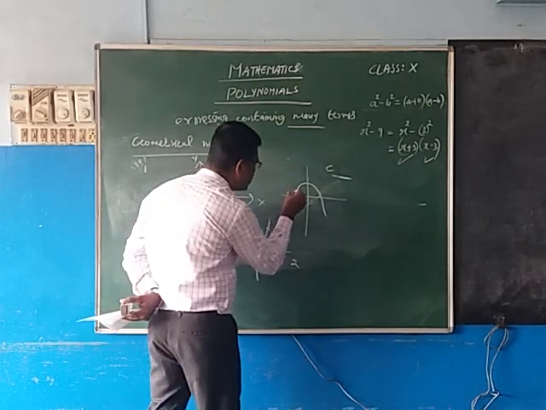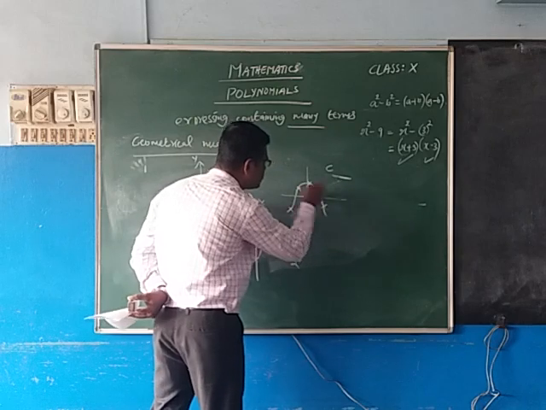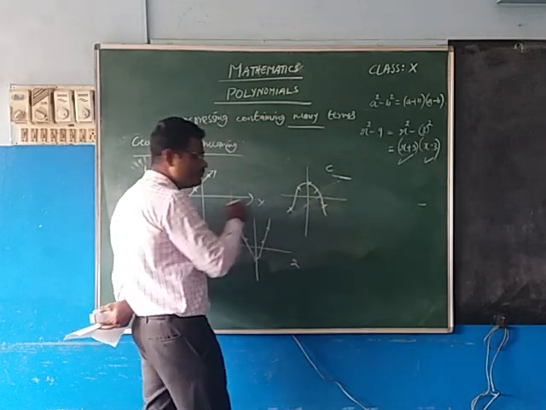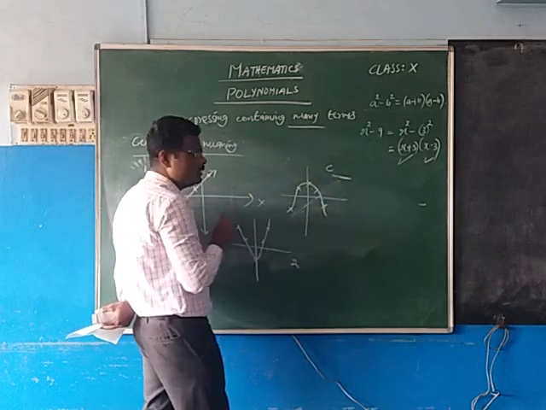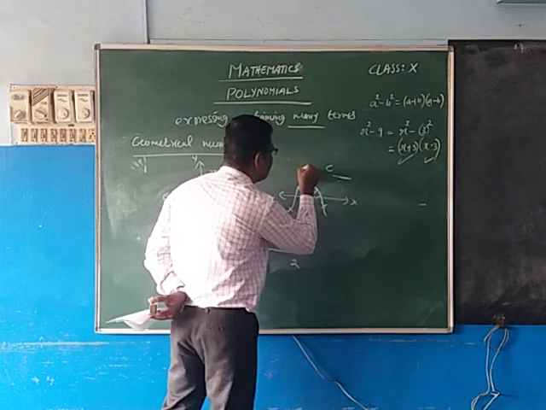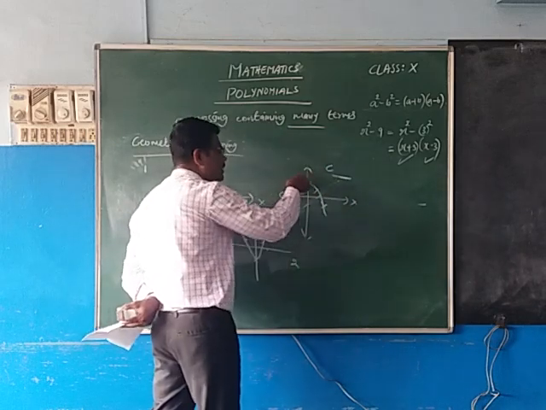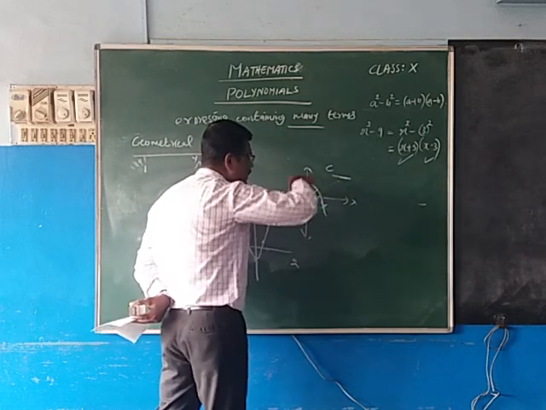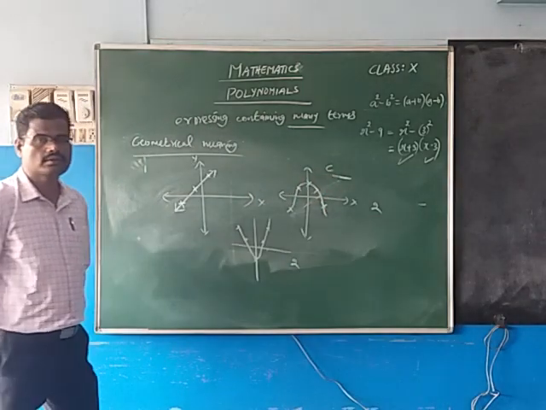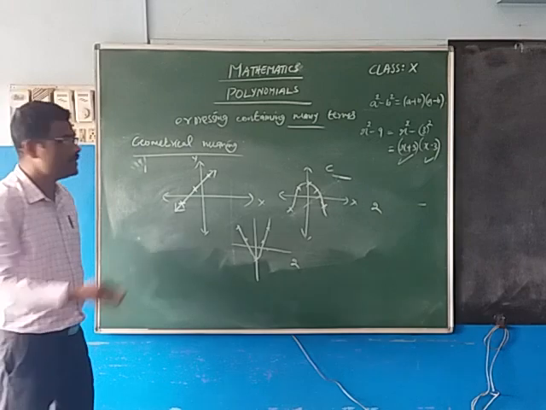This is a graph, okay? Suppose this is a graph. How many points does this graph touch the x-axis? Look at the graph. Here it touches 1 time, here 2 times. That's what I am saying.